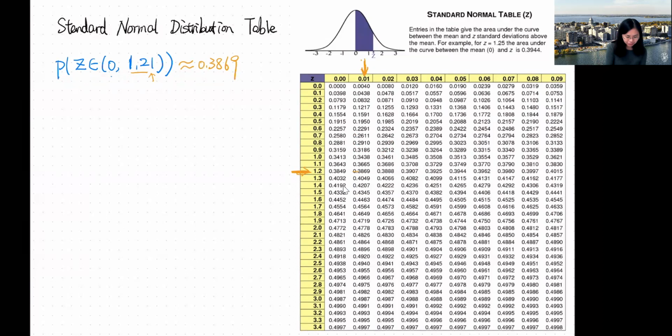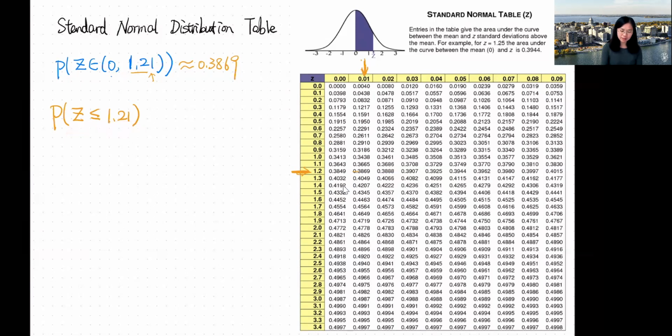And how do you calculate the probability that z is less than or equal to 1.21 then? How do you calculate that number using this table? Well, that's easy. The probability that z is less than or equal to 1.21 is this event, which can be partitioned into 2 events.